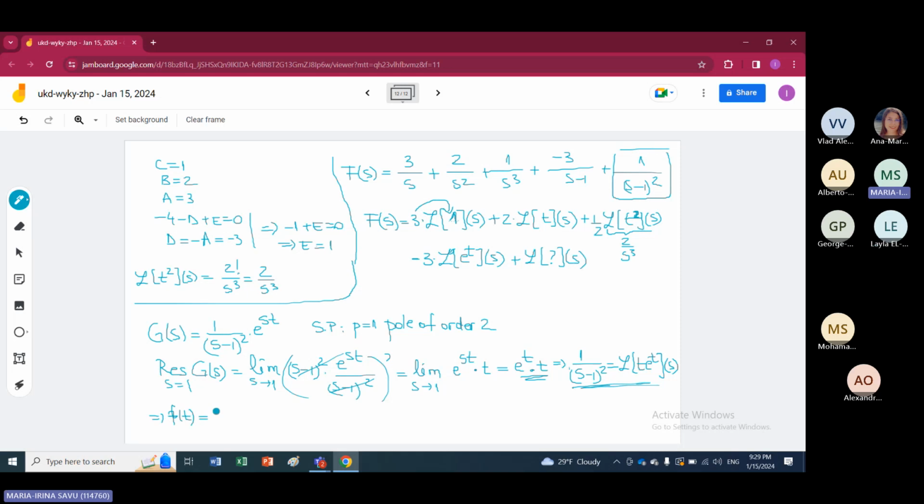We have 3 plus 2t plus 1 over 2 times t squared from here, minus 3 e to the t from here, plus this one, plus t e to the t from here.